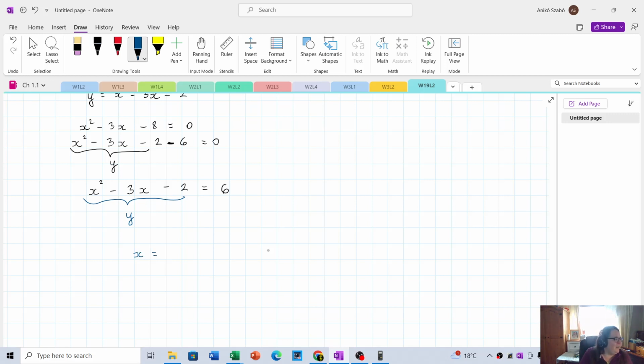They want you to do it to 1 decimal place, which is a bit naughty, but they are saying -1.7. If you say -1.8 or -1.6, they are going to accept that. And the other one, 4.7, again, if you say 4.6 or 4.8, they are going to accept that.